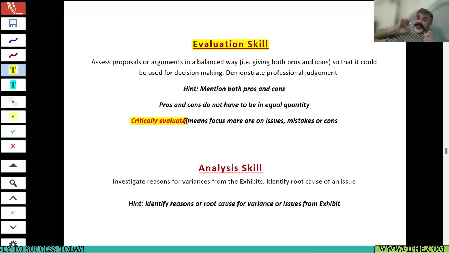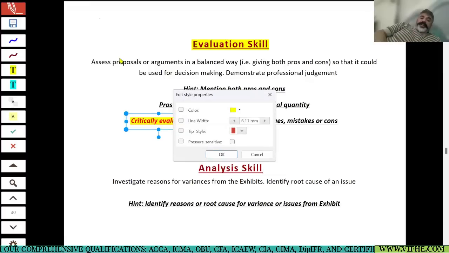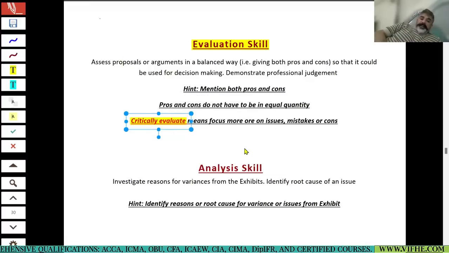When the question specifically says critically evaluate, then we have to focus more on the negative sides, the issues, the disadvantages, the cons. Then you have to pick up the maximum number of disadvantages rather than focusing on the advantages. The word critically evaluate means you have to focus more on negative points.